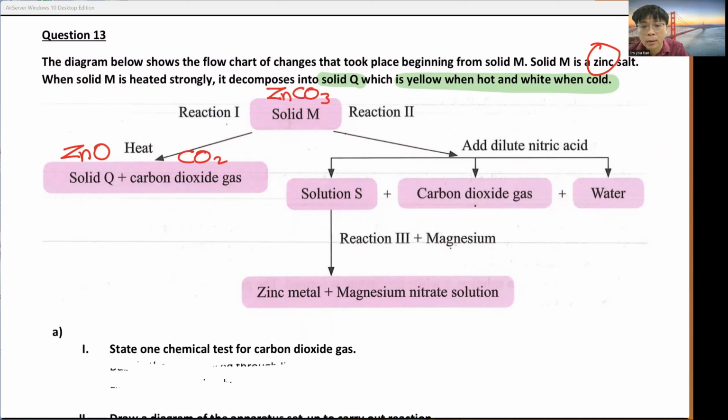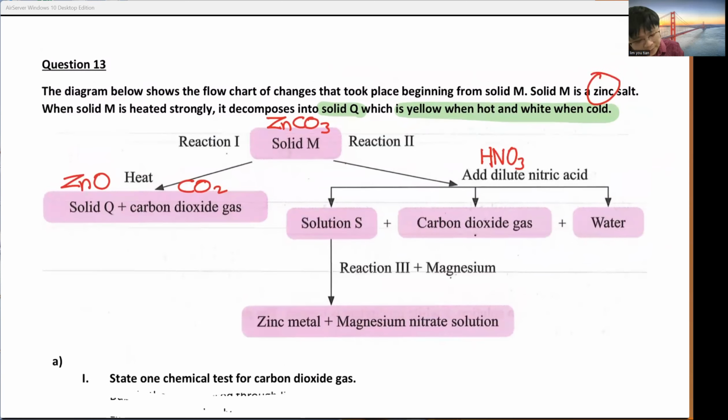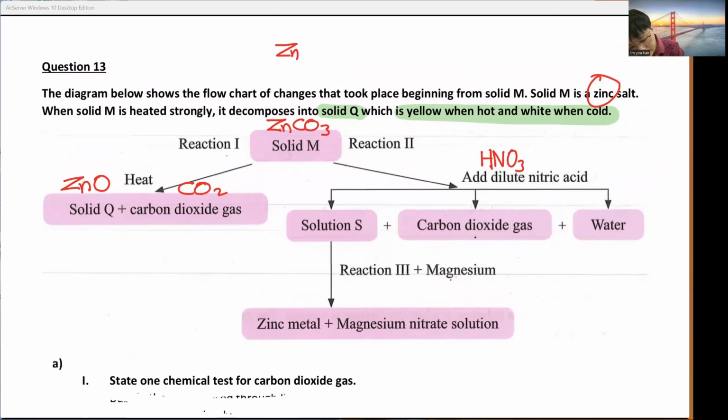Then I want to test your skill here. This is nitric acid. We do some guessing. Let's say I write the proper method. Zinc carbonate reacts with nitric acid. What will they become?